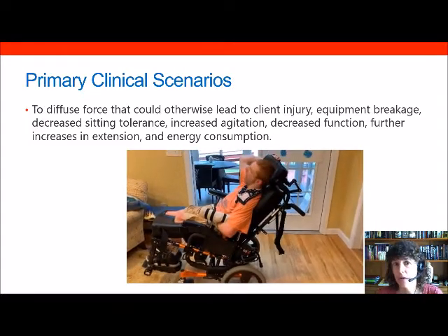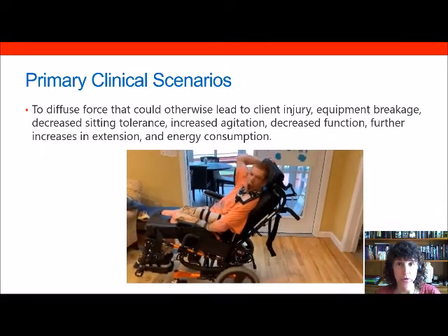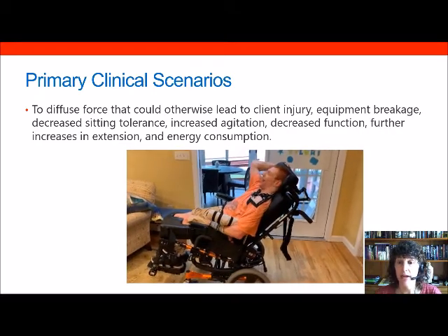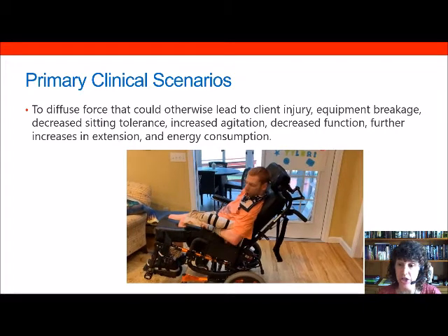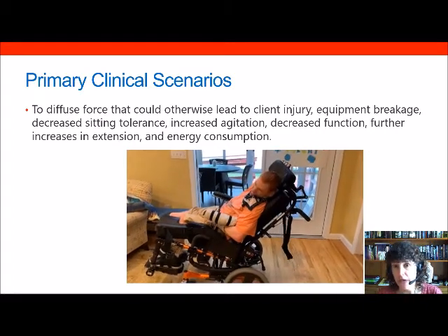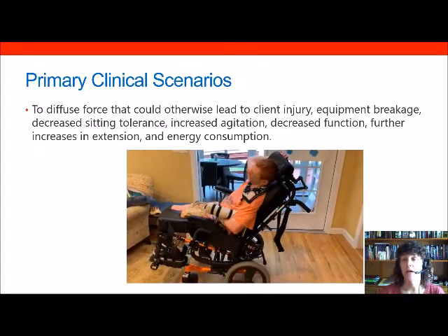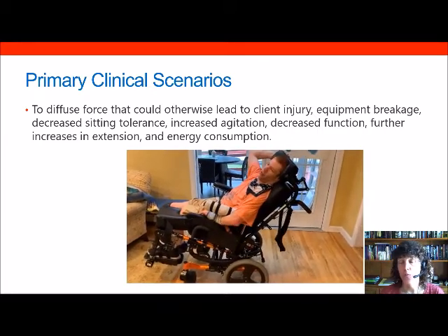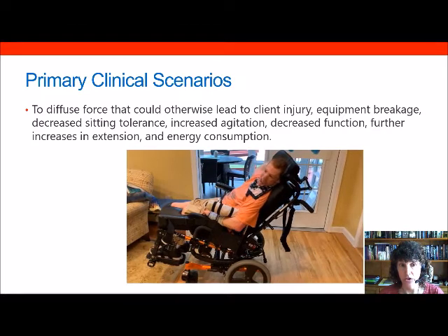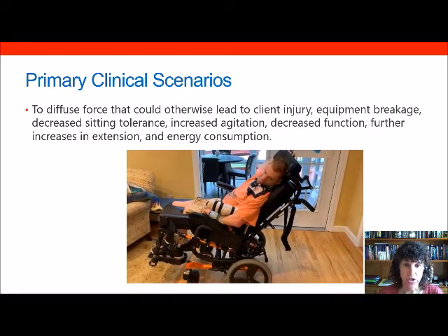So let's talk about a few primary clinical scenarios that we see. This young man has a lot of force, and by using dynamic seating, which he has here, to diffuse that force, he can, as a result, prevent client injury, reduce chance of equipment breakage. We can increase his sitting tolerance.